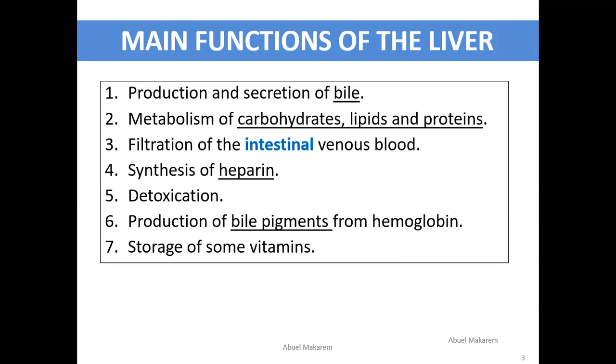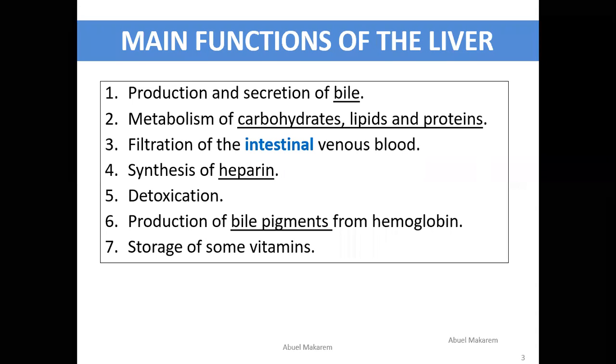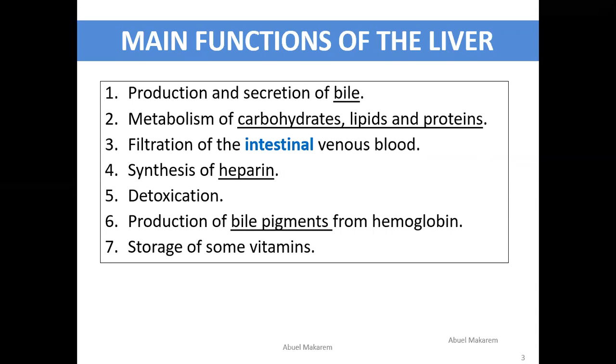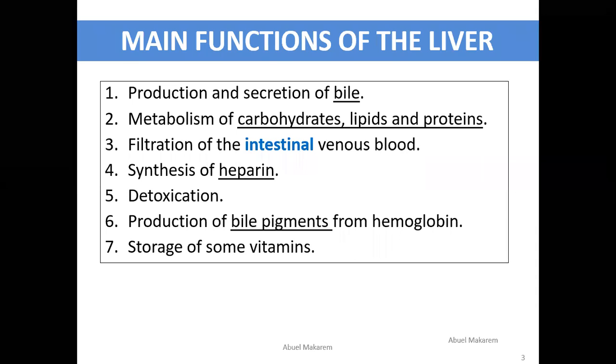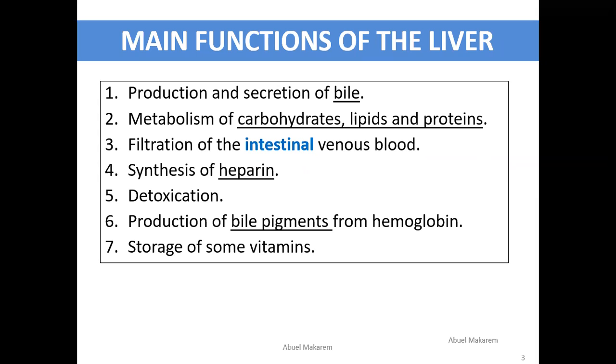It is the main organ which will produce as well as secrete the bile. The second is it is the most important site for the metabolism of the carbohydrates, lipids, and proteins, all which are absorbed from the intestine. They are metabolized here.